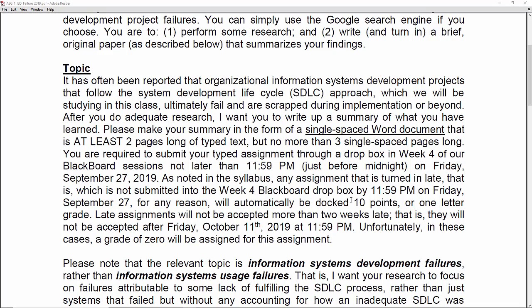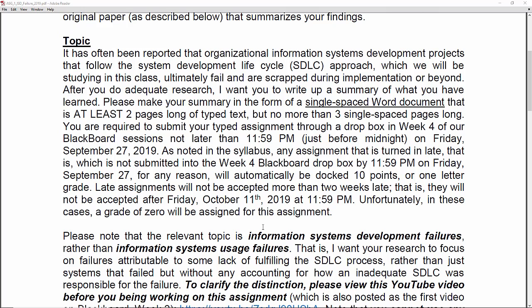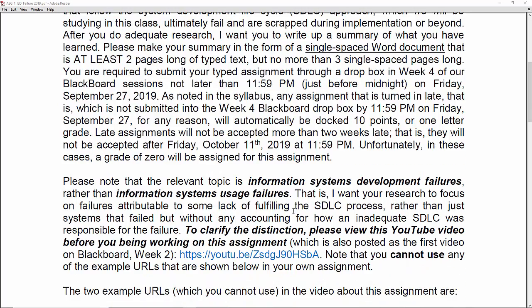As noted in the syllabus, any assignment that's turned in late for any reason is automatically docked a grade, 10 points, 1 letter grade. Late assignments will not be accepted more than 2 weeks past the due date. So for this one, you must get it in by Friday, October 11th at 11:59 p.m. And if you do so by that time and it's late, you'll still be docked 10 points.